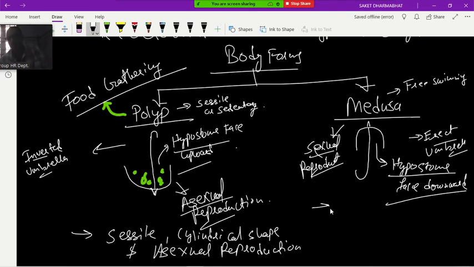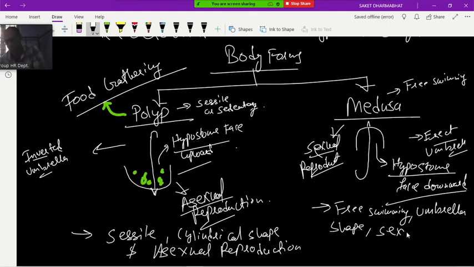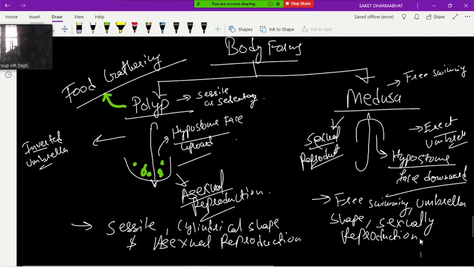What will be the definition of medusa? Sexually reproducing organisms which are motile and are in umbrella shape, and sexual reproduction. Okay. Clear up to here? Polyp and medusa.